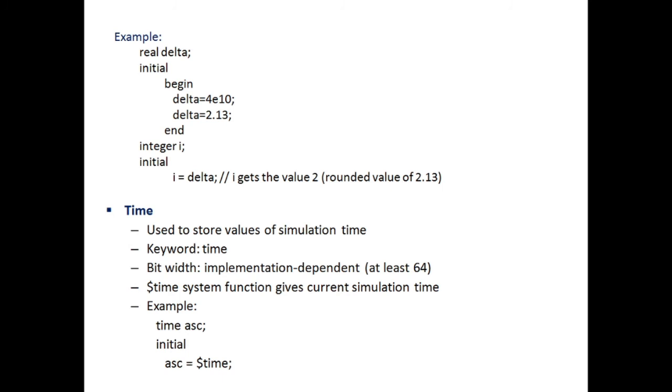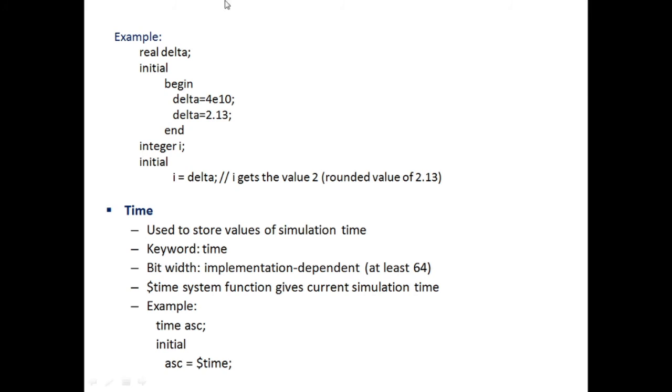I cannot use the reg keyword, integer keyword, or real keyword, or any other data type to store the current simulation time of my hardware circuit. So there should be a time variable that collects my current simulation time, and the keyword I am using here is time. Time is the keyword.